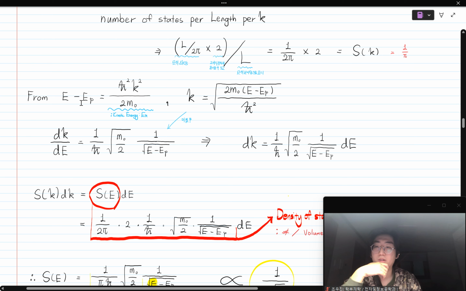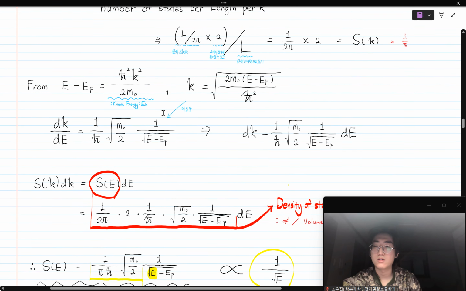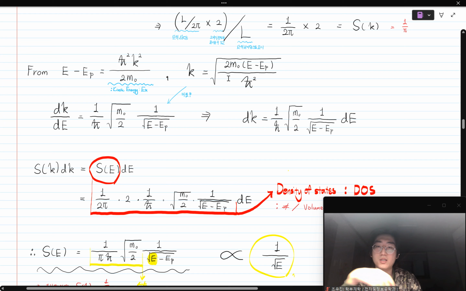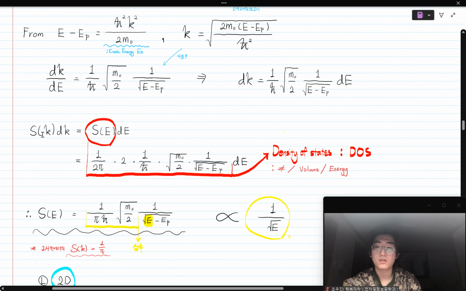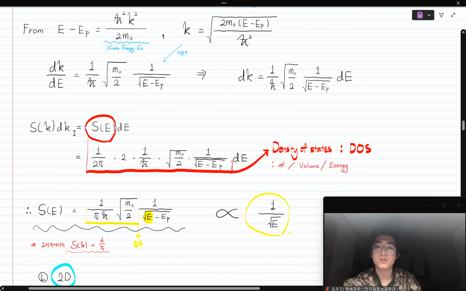From this equation for kinetic energy, we can calculate k. If we differentiate this k by energy E, we can get this equation. So SK times dk equals SE times dE, and this SE means the function of energy.